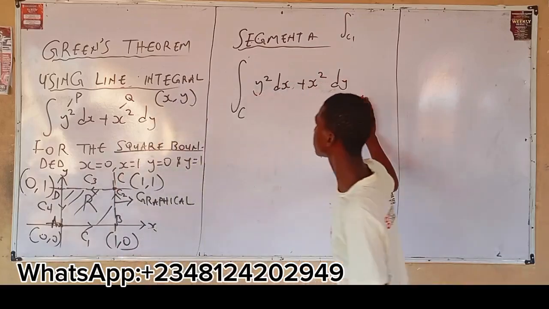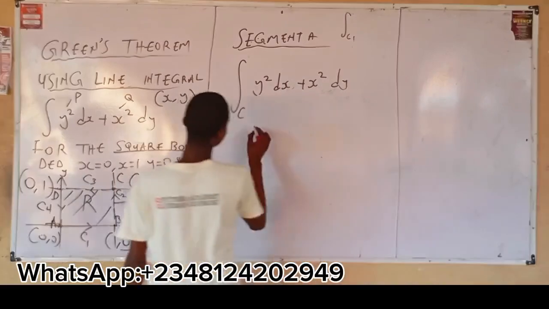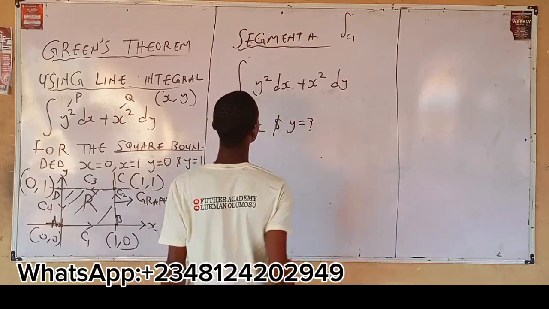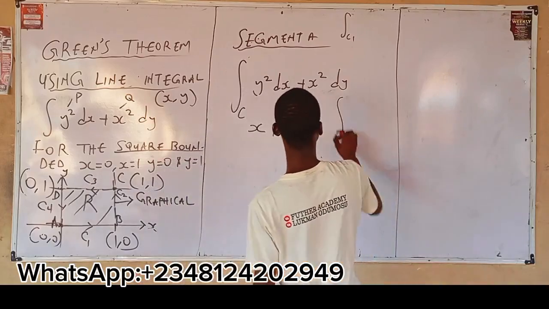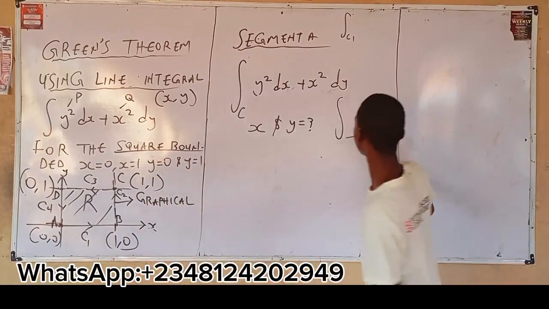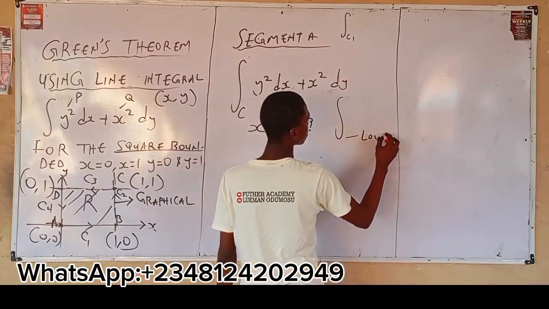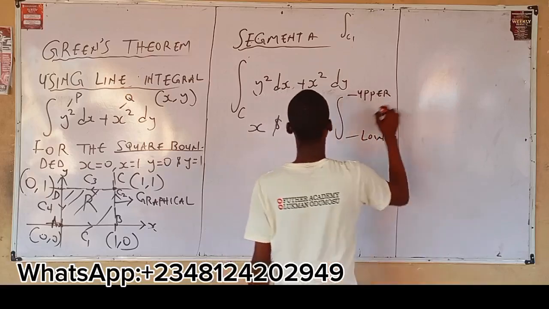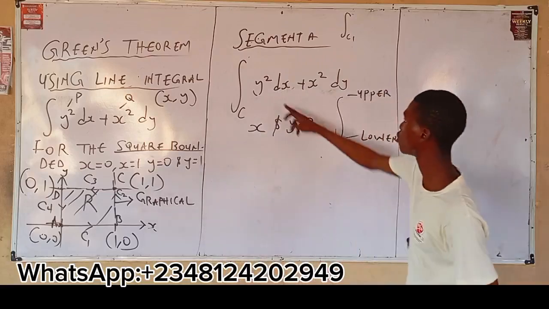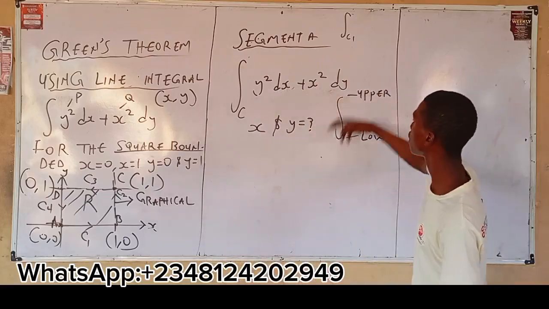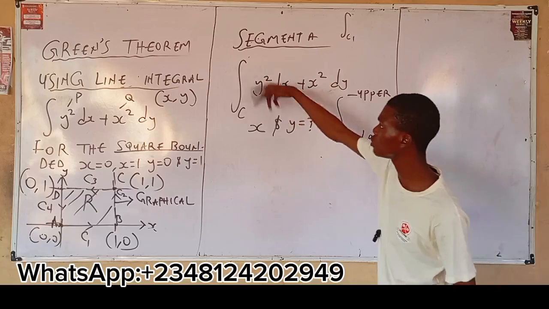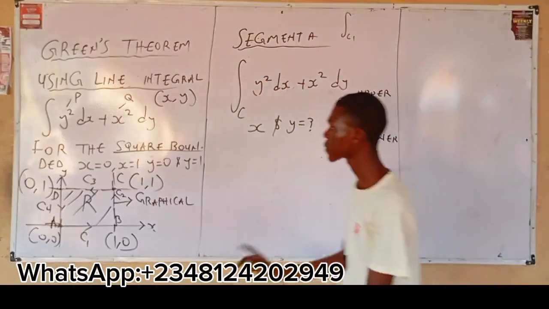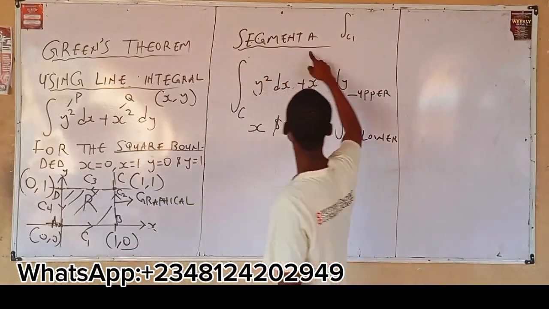So we are using this directly. What I need here is the function of x and the function of y, and I need my limits also, the lower limit and the upper limit. By the time I know the function of x and y, I'll differentiate and substitute. By the time I know the upper limit, I'll substitute and perform my definite integral. Now, we said segment A, meaning C1.